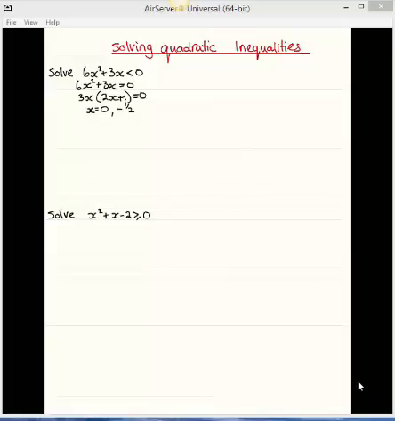So what we do is we do ourselves a little sketch. Now, it doesn't have to be super accurate. So mark in your intercepts and draw your parabola. Once you've got that, we say, well, we want to know when is this parabola less than 0. Well, we know it's less than 0 under here.